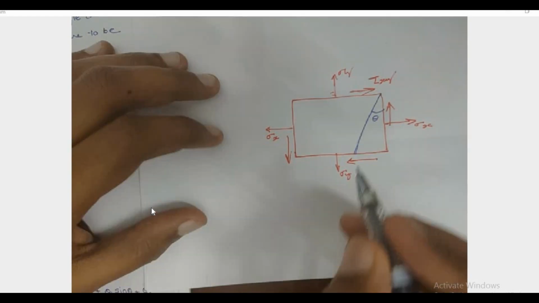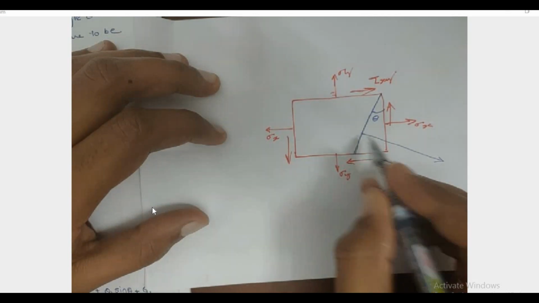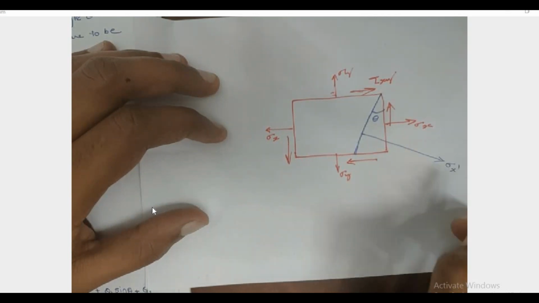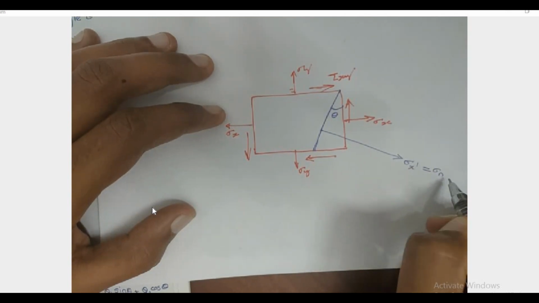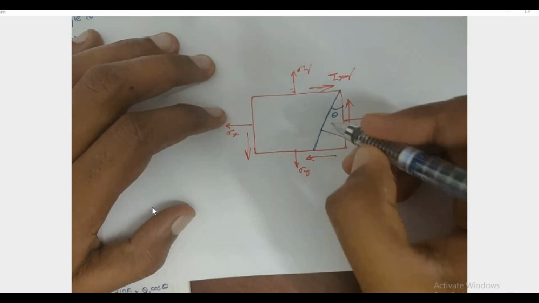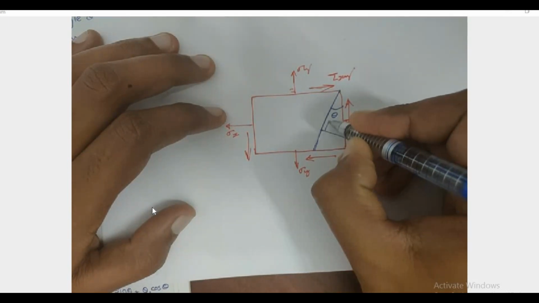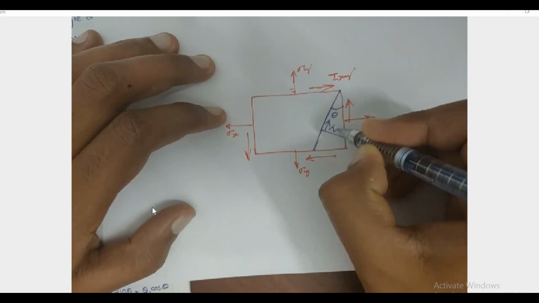And what is the normal stress, or what is the stress here? The normal stress, that is sigma x dash, we can give this as sigma n dash or sigma n. What is the shear stress? That is tau xy, or we can give sigma t.